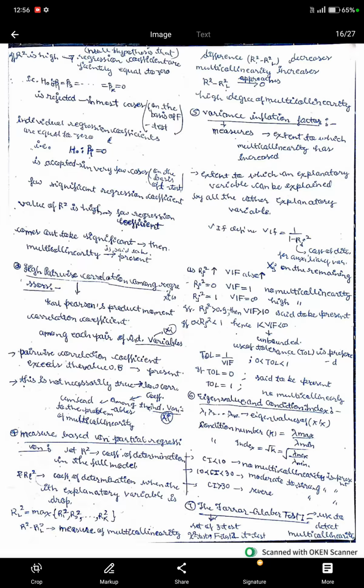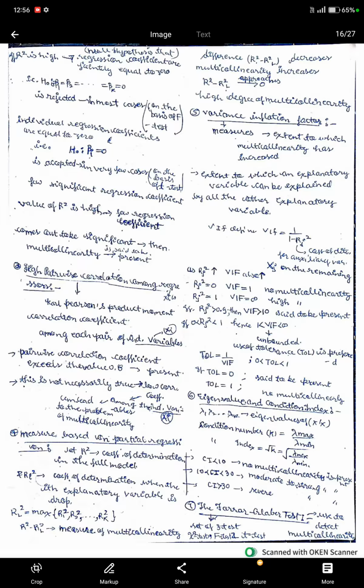7. The Farrar-Glauber test is used to detect multicollinearity. It is a set of 3 tests: chi-square test, F-test and T-test. Test based on chi-square. First, consider the null hypothesis H0, no multicollinearity in the model, against the alternative hypothesis H1, presence of multicollinearity in the model.